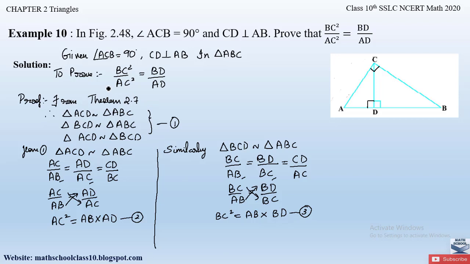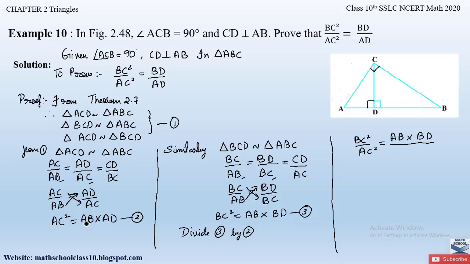Now if you look at what we have to prove, BC square by AC square is equal to BD by AD. So the left hand side should be the ratio of BC square by AC square. In equation 2 and 3 we have BC square and AC square on the left hand side. So let us divide 3 by 2 so that we get BC square by AC square. Therefore BC square by AC square is equal to AB into BD by AB into AD.